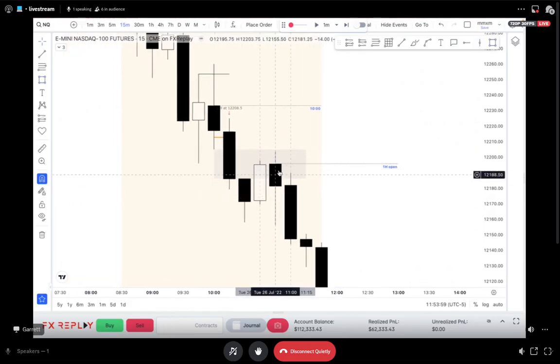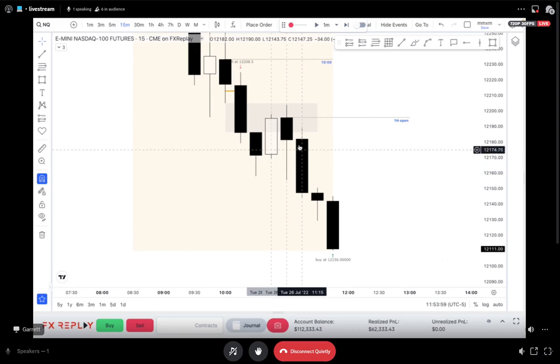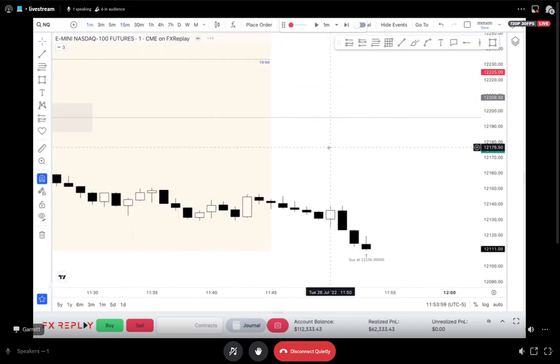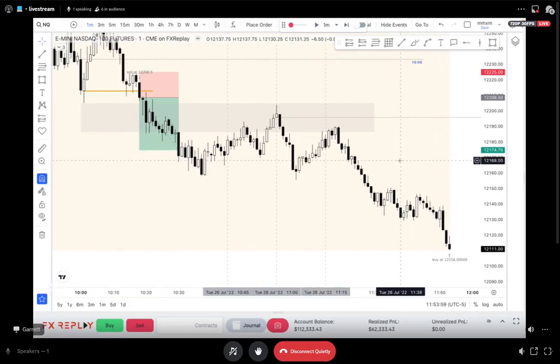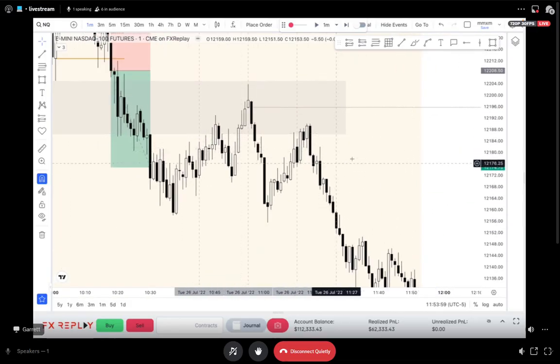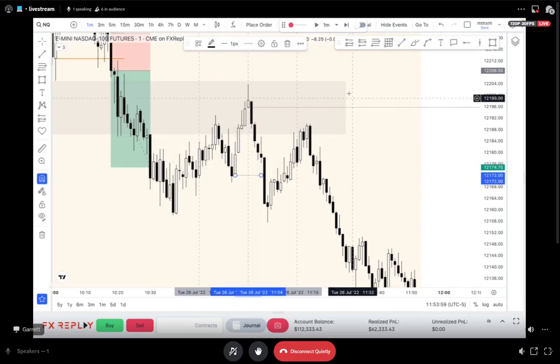So here, you get a valid candle 2, and here is a candle 3 right here. Let's just see if there's a trade. You get a valid candle 2 closure, and here it is. Ideal swing formation right here.